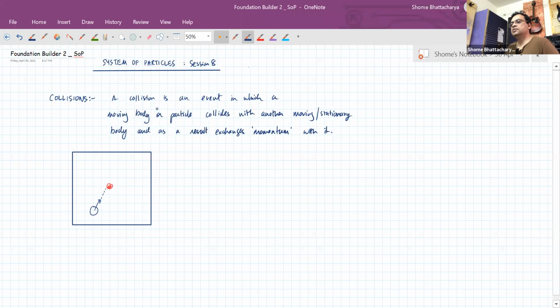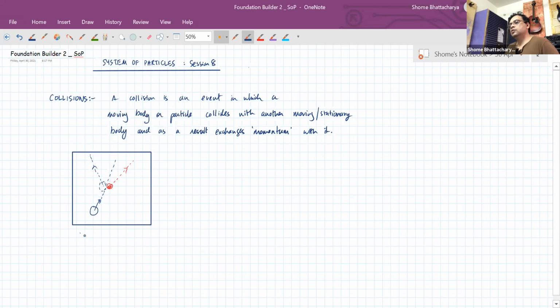As this comes and collides with it, after the collision, the striker might go off in a direction like this, and the body it has collided with might go off in a direction like this, whereas the original direction in which the striker was moving was this. So what happens in this type of a collision?